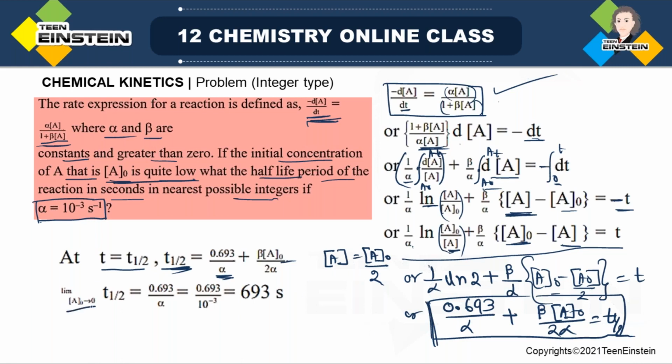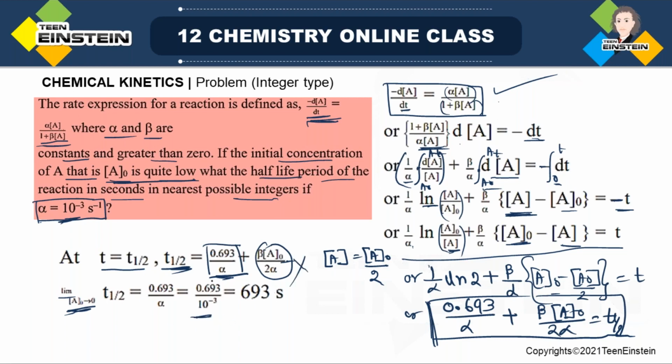Now A naught is tending to 0, that means we can put the limit that A naught tends to 0, a very low value. So this second expression will be negligible, and you will be left only with this expression. Alpha is given, and beta is not required because it is already cancelled.